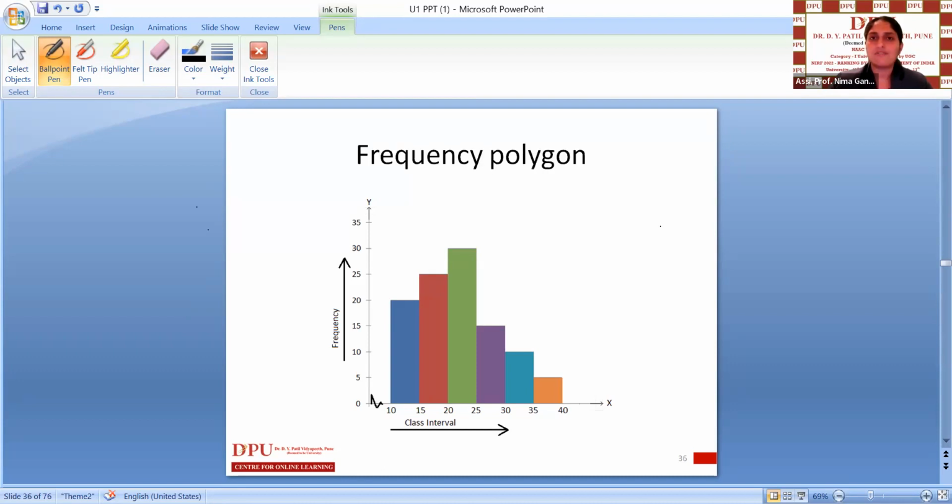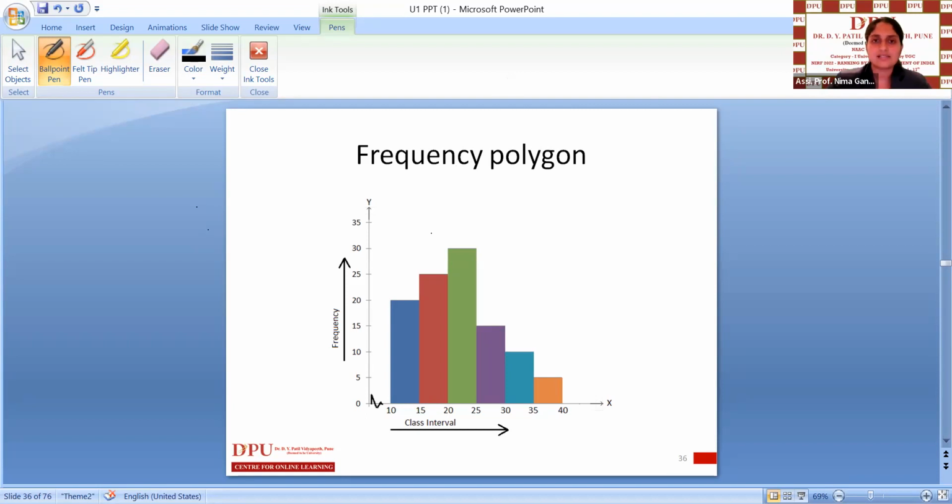Then we have a frequency polygon. What is the difference between a frequency histogram and a frequency polygon? Basically, what is a polygon? A polygon is a figure which we can form in two-dimensional space by using straight lines. It is a closed figure. Any closed figure you draw using straight lines is a polygon. In this case, how do we draw it? First, we draw the histogram.